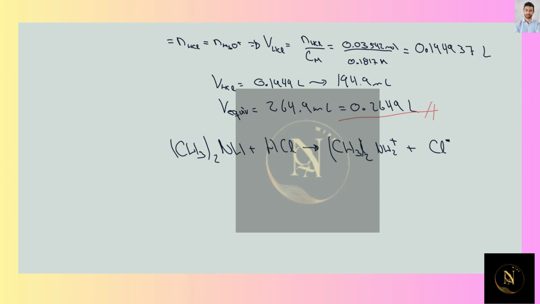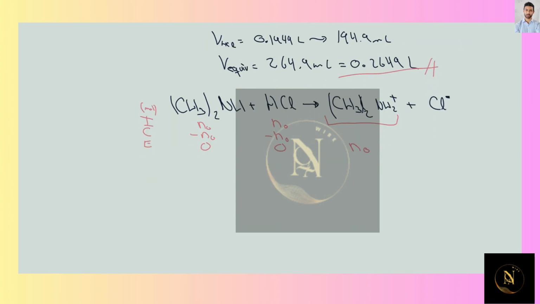In this case, at the equivalence point, given the amount of mole that we had initially, we have added the same quantities of HCl and of dimethylamine. So we're going to assume first that we have a complete reaction, and we're going to generate the initial amount of dimethylammonium.